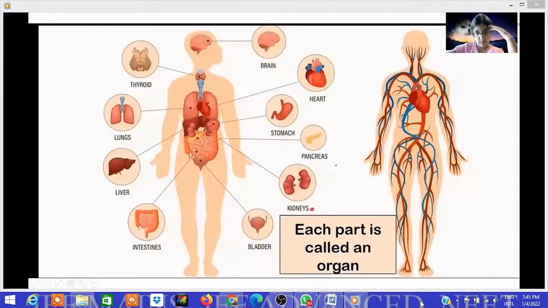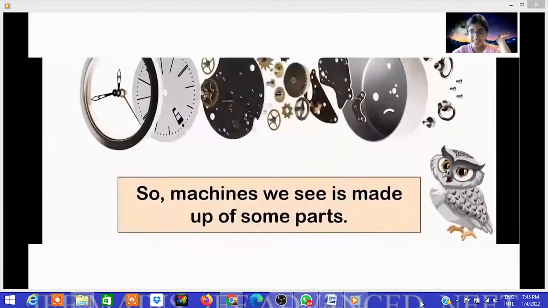Yes. So now, if we talk about our body, okay? Arna, you have to listen to me carefully. Our body is again like a machine which is made up of so many parts. We have so many organs in our body. Can you name some of them? Brain, heart, stomach, kidneys. Now tell me.